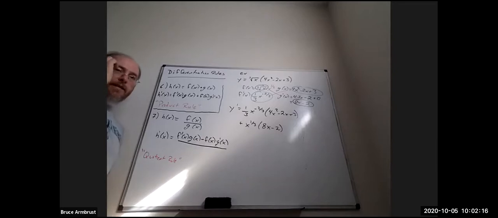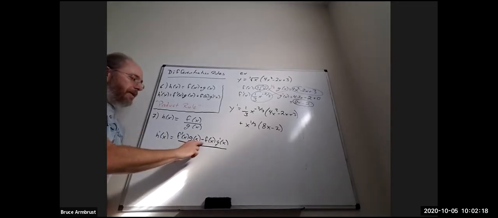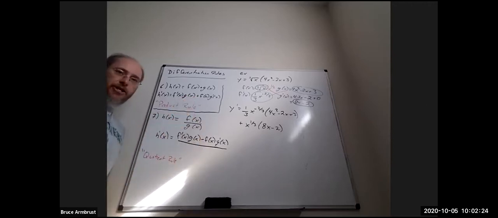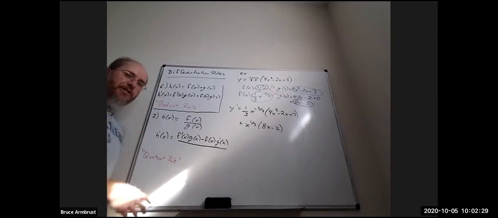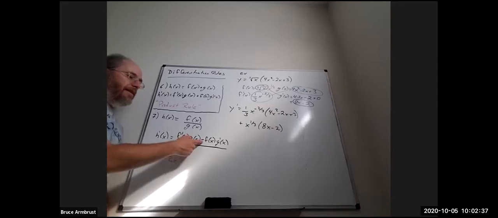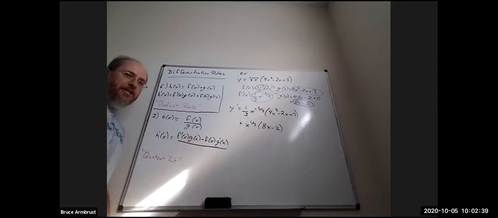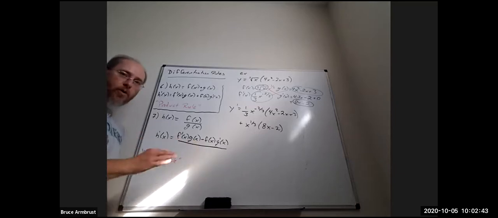So notice that the only difference here between what I've written on the top of this fraction and the product rule was that this is now a subtraction instead of an addition. Probably not a huge stretch in your mind that that would happen, since dividing is really multiplying, right? It's like backwards multiplication. Well, then that fact that that led to subtraction instead of addition, kind of go, yeah, that makes sense. Okay, so the top totally makes sense.